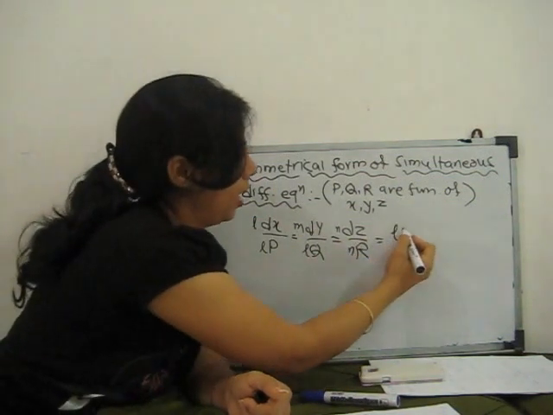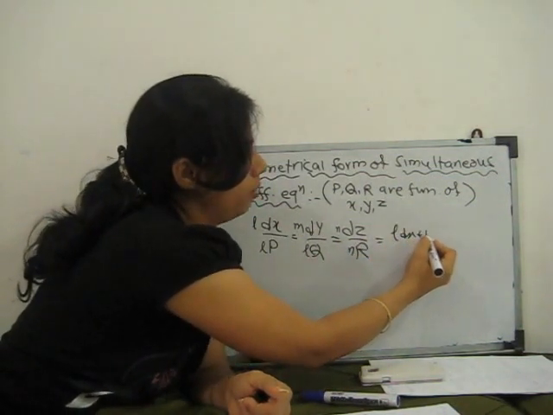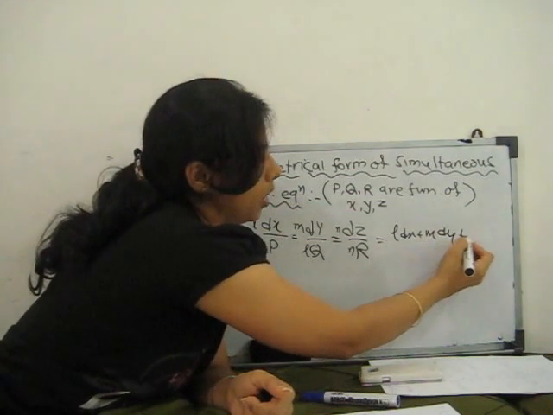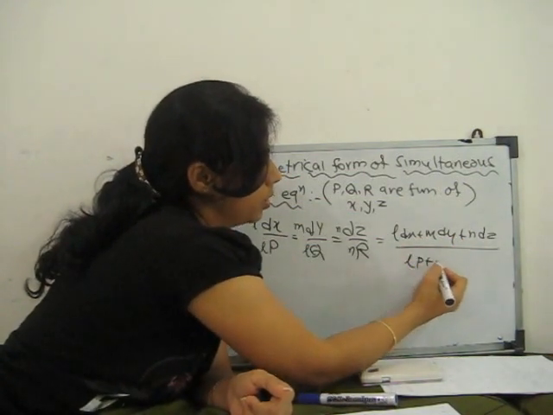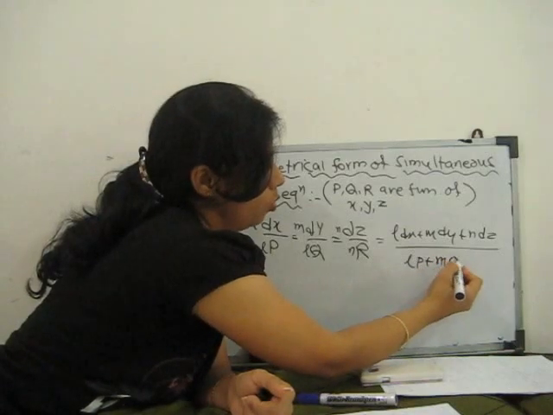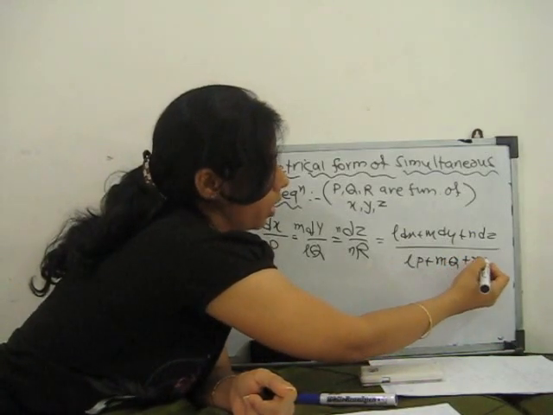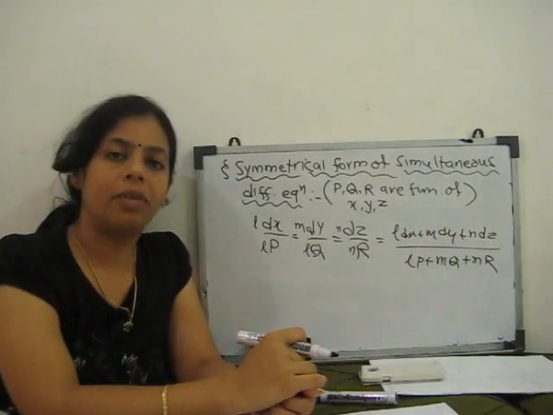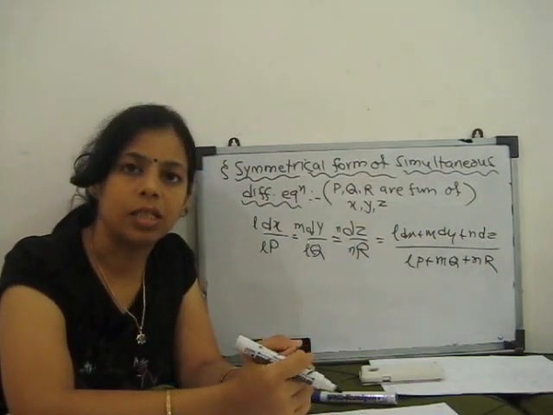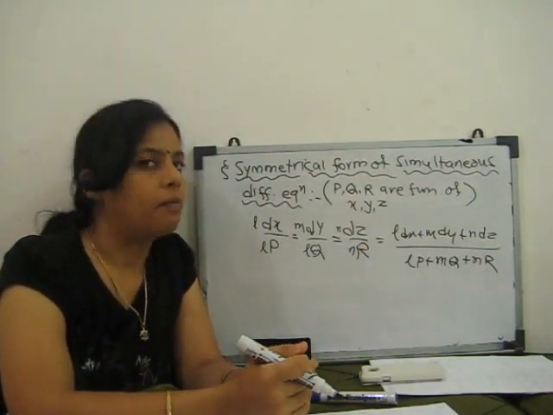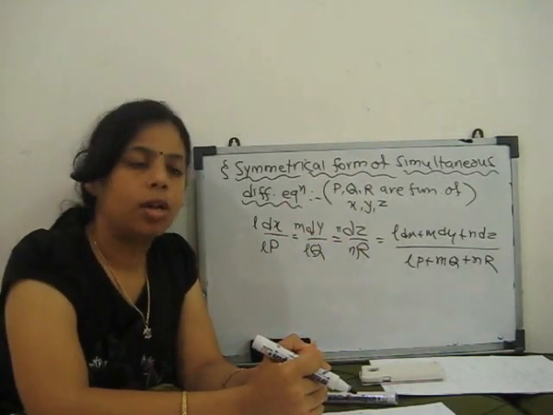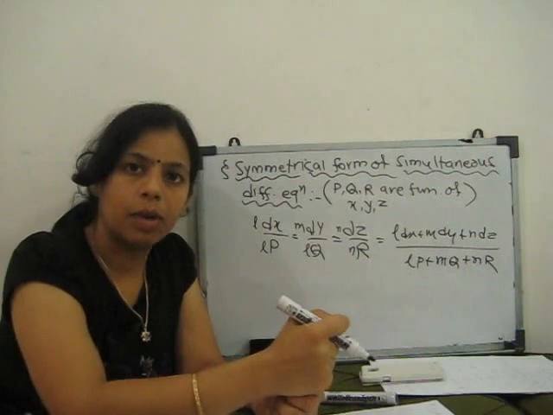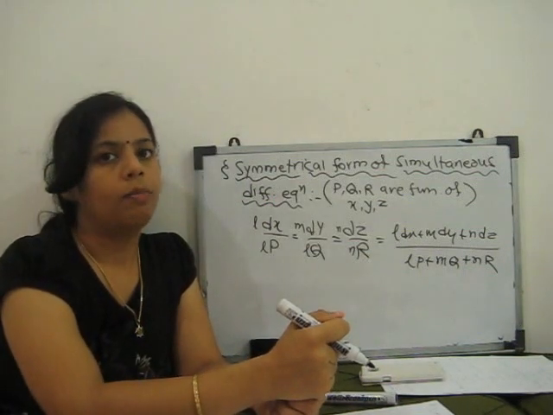We get l dx plus m dy plus n dz upon lP plus mQ plus nR. With these new terms we can easily find the value of that equation. So this is called the l, m and n multipliers, the method of multipliers.